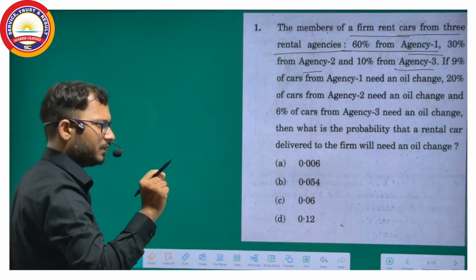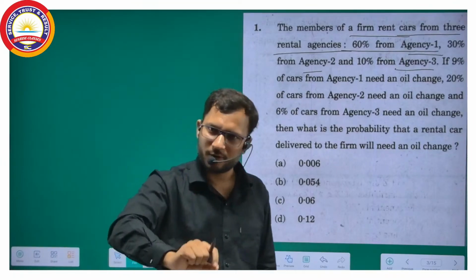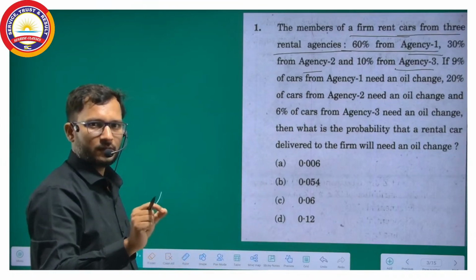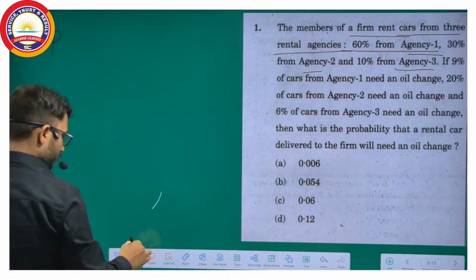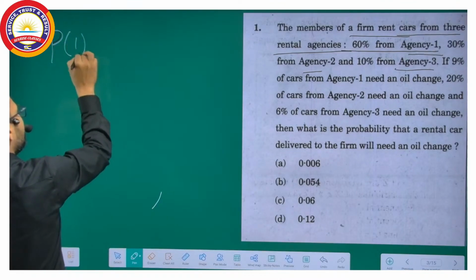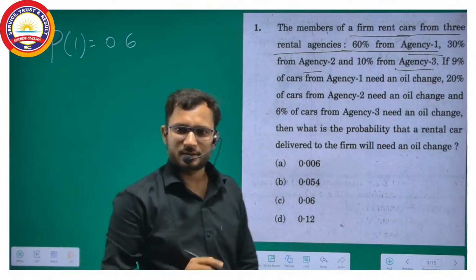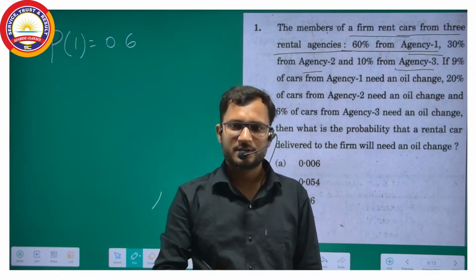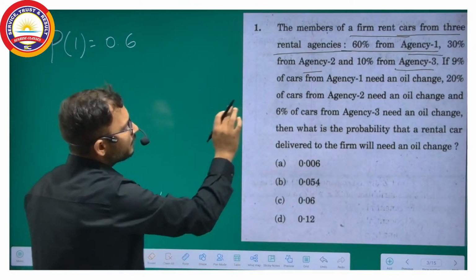So the probability of renting a car from agency 1, say P1, will be equal to 0.6, because 60% means 0.6. Getting my point? Now next one is agency 2.